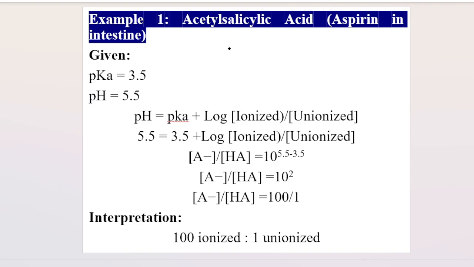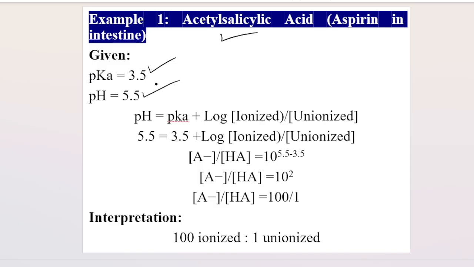So first, moving to the example of an acidic drug, a very well known drug called aspirin. The chemical name is acetyl salicylic acid, and we want its ionized and unionized ratio at a pH of 5.5. Suppose the pH of the intestine is 5.5, and the pKa value of aspirin, which is fixed, is 3.5.